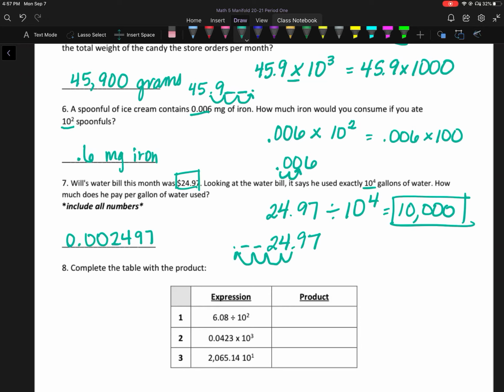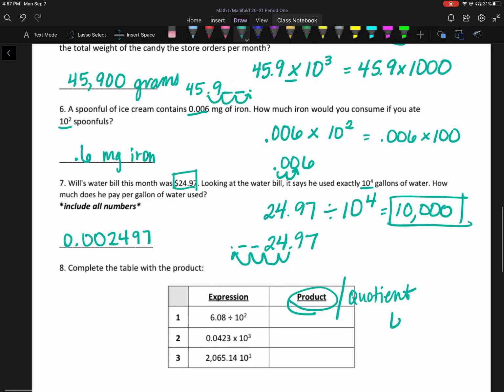And then lastly, you had to determine either the product, or it should have also said, now that I'm reading this, quotient, because some of these we divided. So if we were dividing 6 and 8 hundredths divided by 10 to the second power, that means that I'm only moving my decimal 1, 2 places to the left.